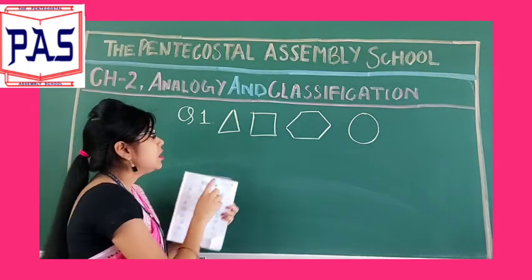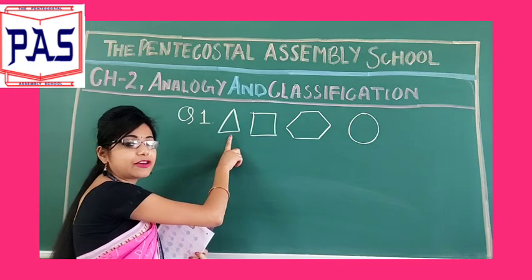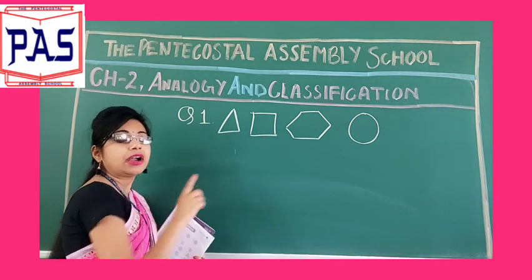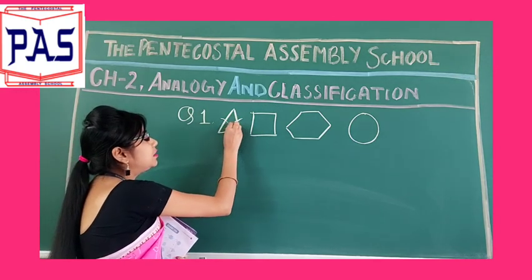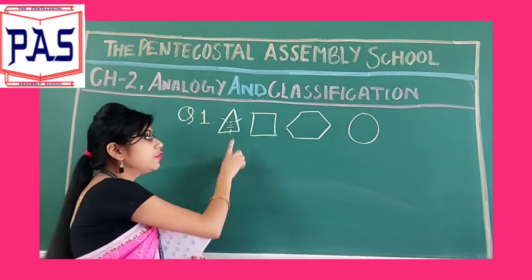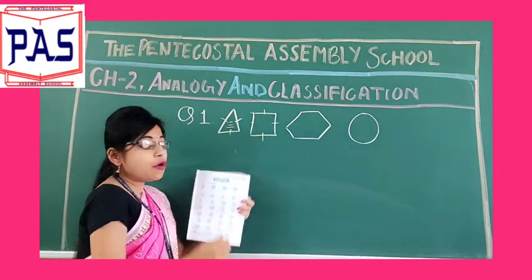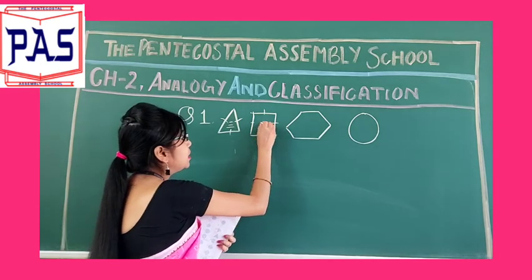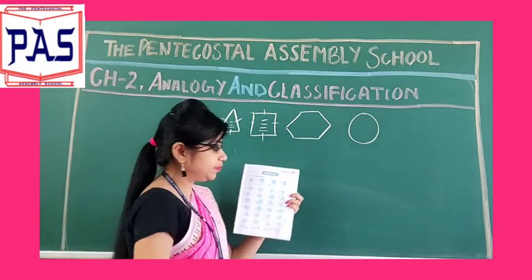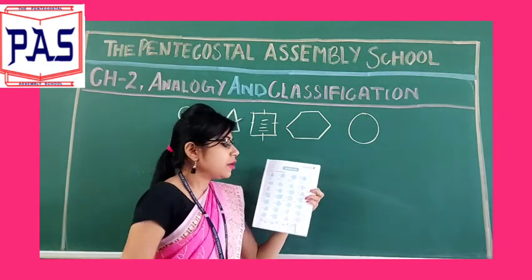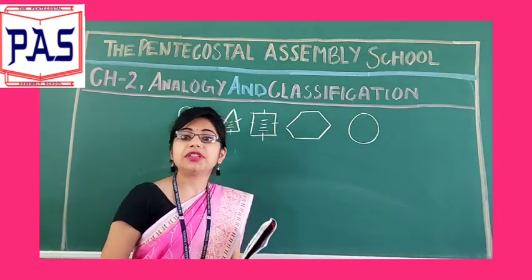are lines. Like in the first picture, the triangle has 3 sides, so you will find that 3 lines are drawn inside this figure. A square has 4 sides, so 4 lines are drawn inside the figure. Similarly, this pattern is followed in the other pictures also. But we have to find which figure is odd.